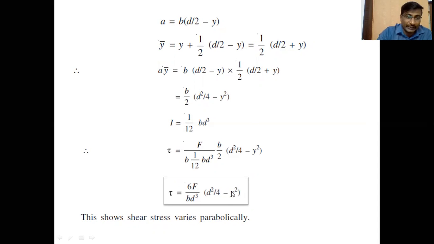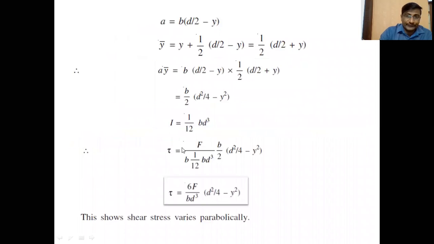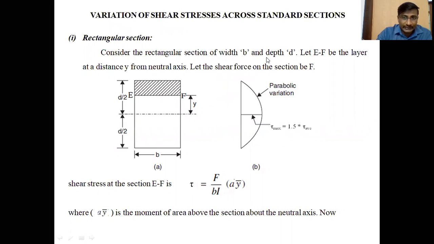Therefore, it's a parabolic curve. Clear, students? So in a rectangular section, the maximum shear stress is at the neutral axis and it is 1.5 times the average shear stress. It varies parabolically from 0 at the extreme fibers to the maximum at mid depth, as shown in figure B. In figure B, this is the shear stress distribution across the section.